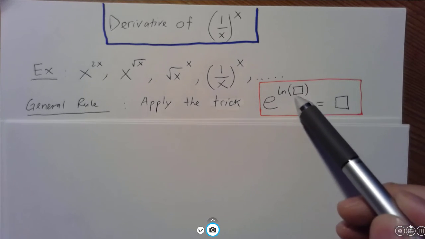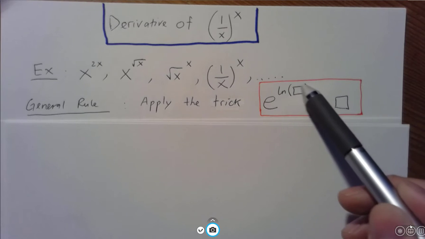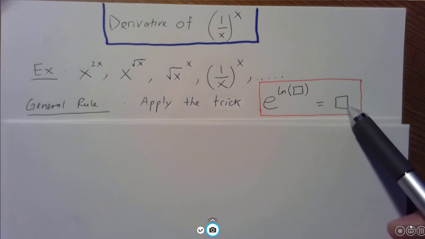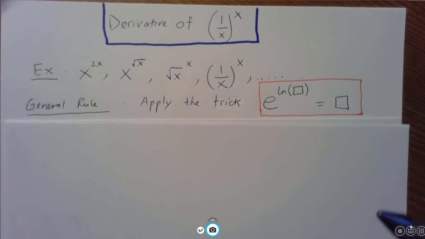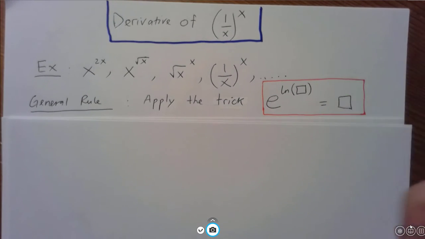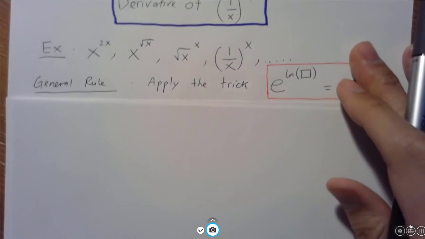So all you get back is the argument inside the ln. Anytime we take e to the ln of anything, the box here could be anything, you get back the box because e and the ln cancel out. So we apply this trick to the function we want to differentiate.